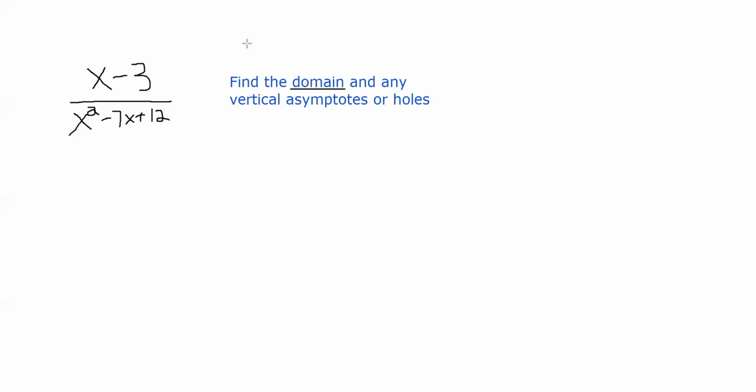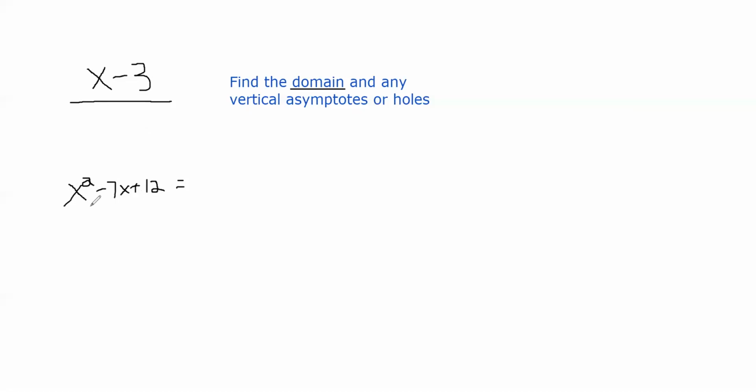So to find the domain, we need to think about what x values make the denominator go to 0. So let's zoom in on that denominator here. I'll just steal it. I'll put it back in a moment. Now what we would want to do is factor that denominator. We need two numbers that multiply to positive 12, so they can both be positive or both be negative. When I add those numbers, I get negative 7.